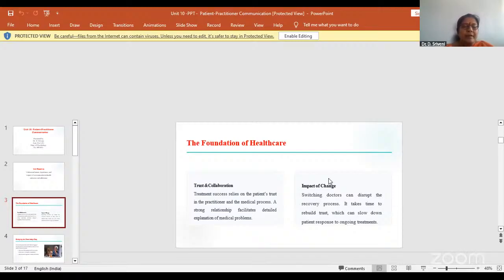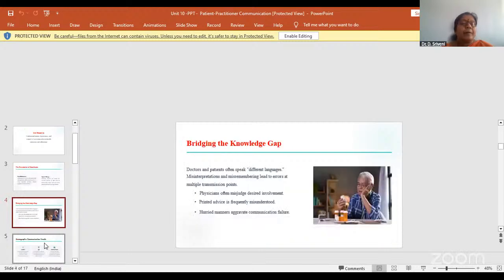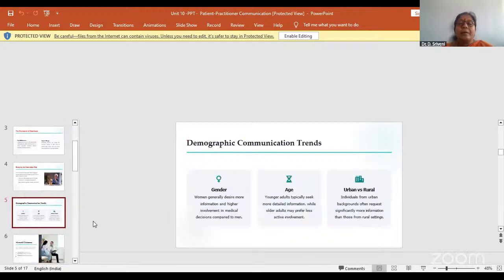So, the role of compatibility and participation. The quality of the relationship depends heavily on the compatibility between the patient's desires and the practitioner's delivery style. While most patients want to know their diagnosis, they differ greatly in how much detail they want regarding self-administration and involvement in decision making.